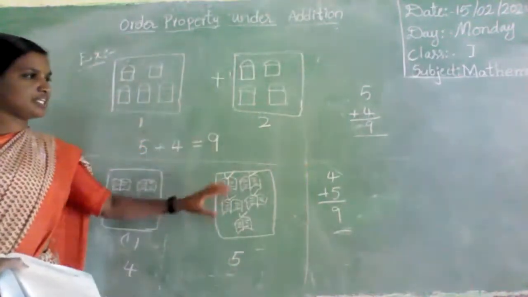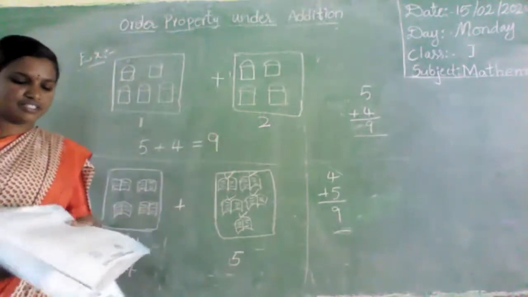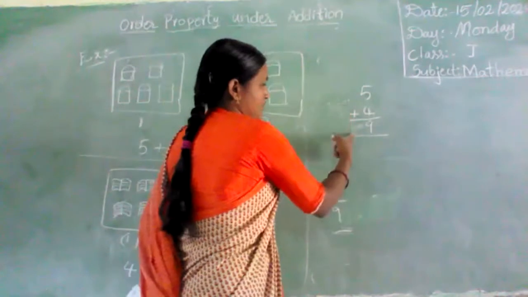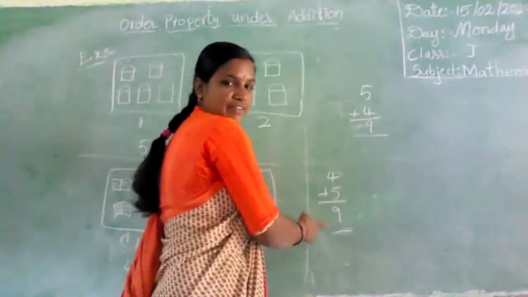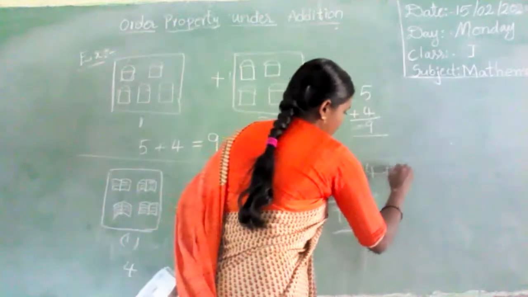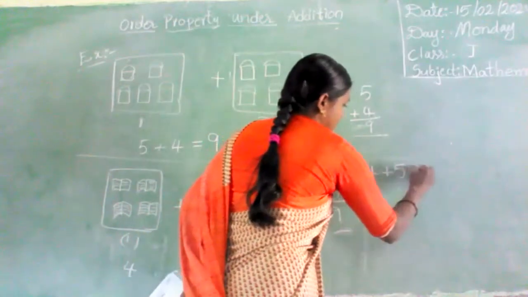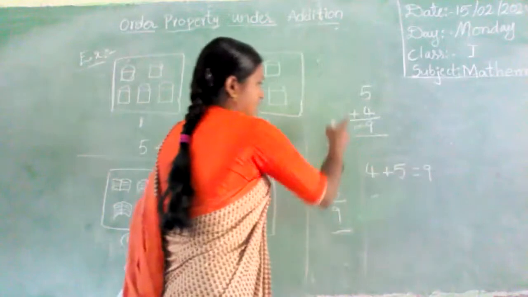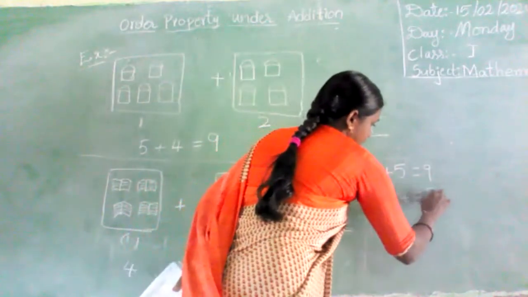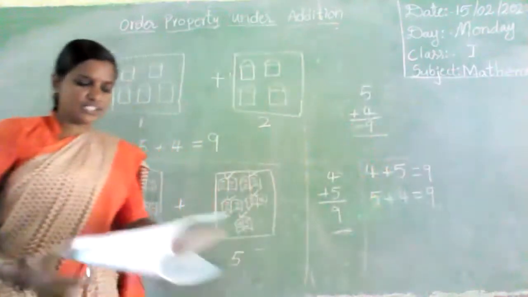See, from these additions, what will we find? We find that 5 plus 4 is equal to 9, and 4 plus 5 is equal to 9. Yes or no, children?